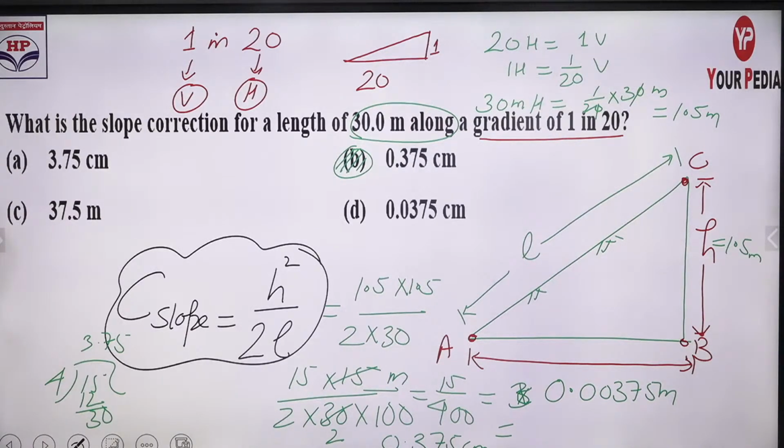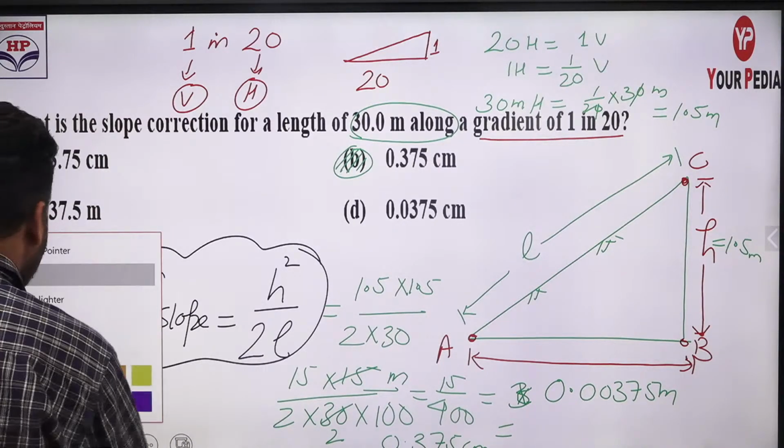I think we made a mistake. Okay, the comment says 3.75.